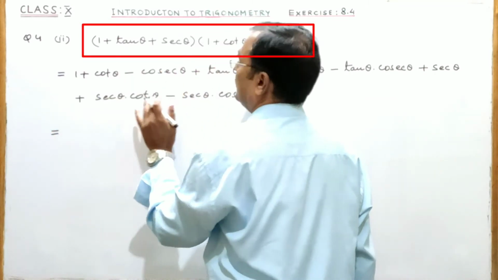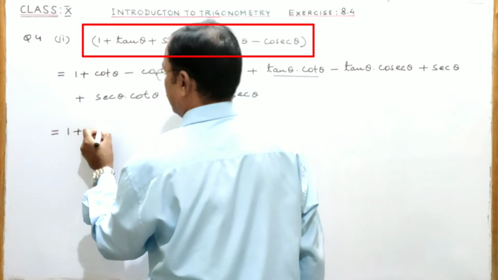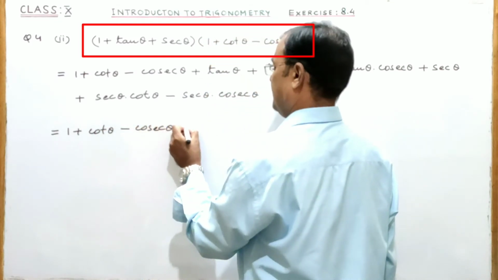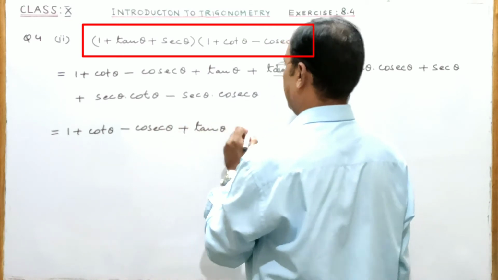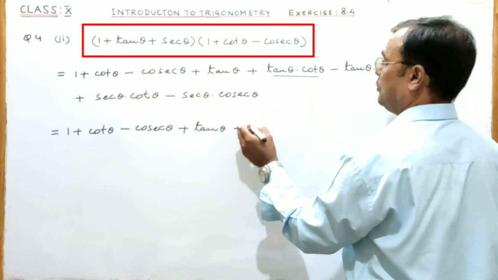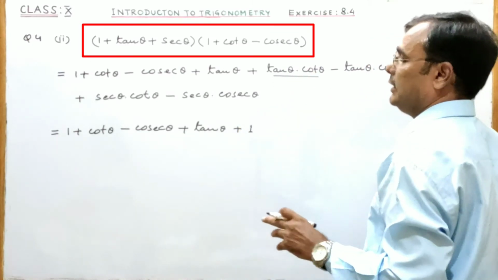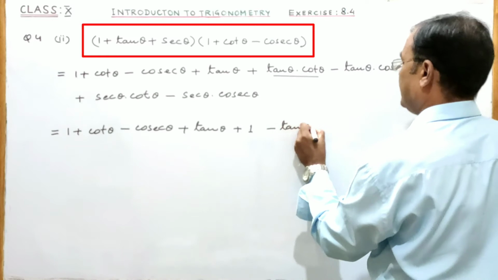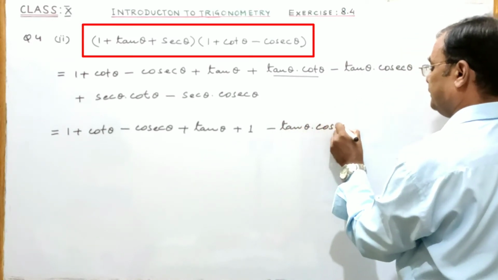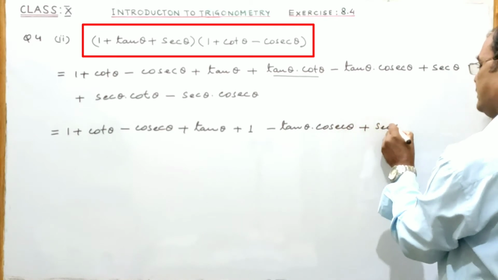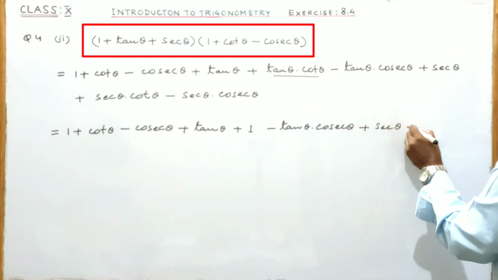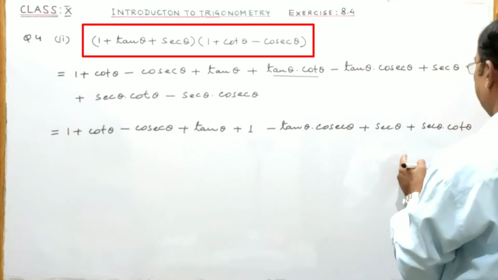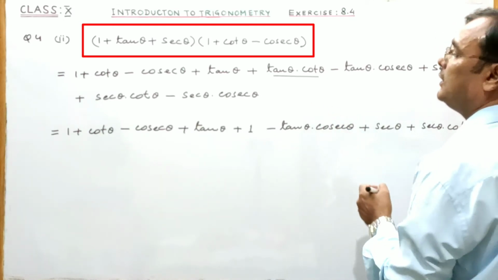Or let us write one more step: 1 plus cot theta minus cosec theta plus tan theta plus tan theta into cot theta, which is 1, because tan and cot are reciprocal of each other, minus tan theta into cosec theta, plus sec theta plus sec theta into cot theta, minus cosec theta, sec theta into cosec theta.